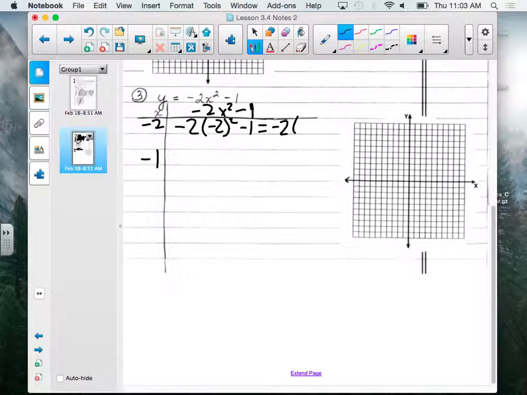Right. Yep, positive 4. And I'll just bring this one down over here. Negative 2 times 4 minus 1. Negative 2 times 4 is what? Negative 8. Minus 1, and then negative 8 minus 1 is what? Exactly.